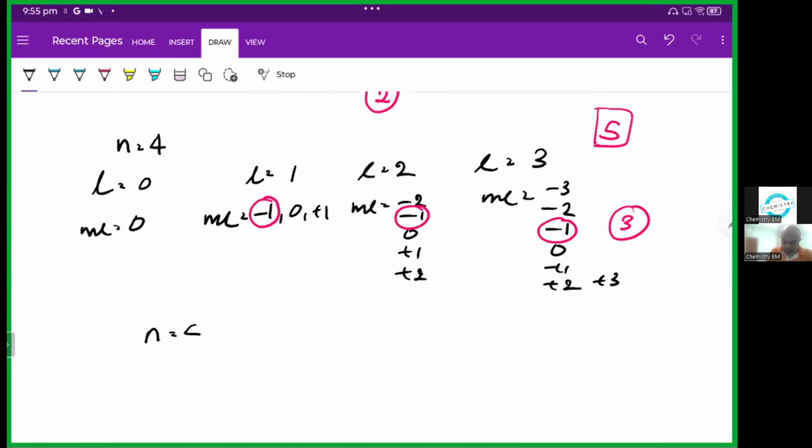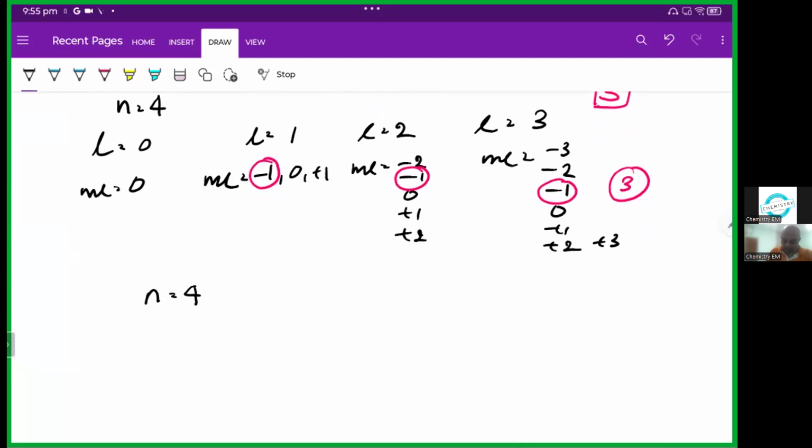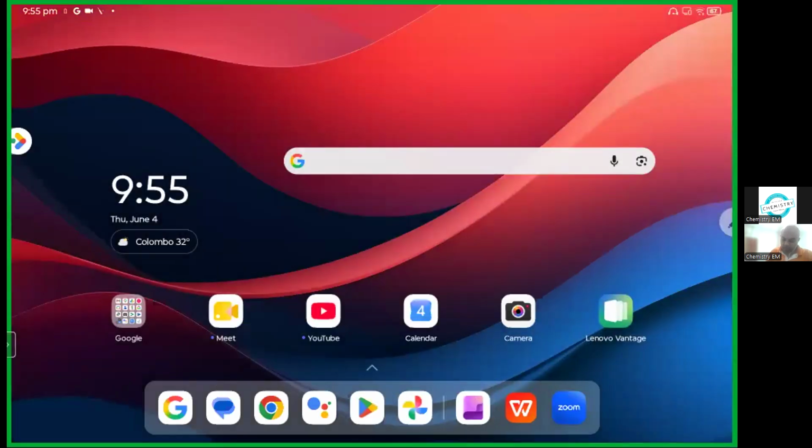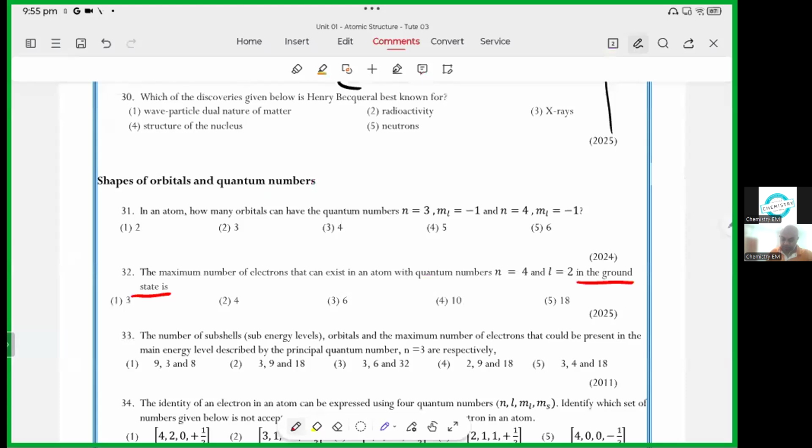n is equal to 4 and when l is equal to 2, what is the maximum number of electrons? That's what they are asking. The maximum number of electrons that can exist in an atom with quantum number n equal to 4 and l equal to 2 in the ground state.